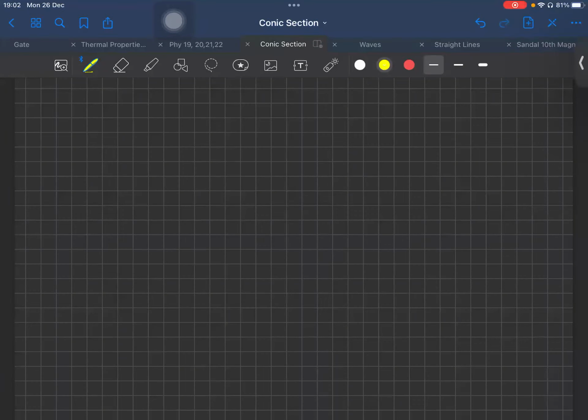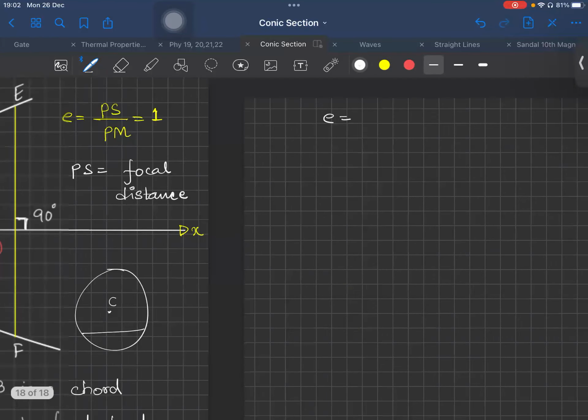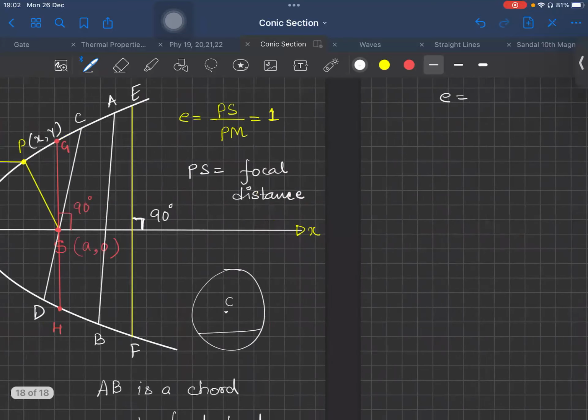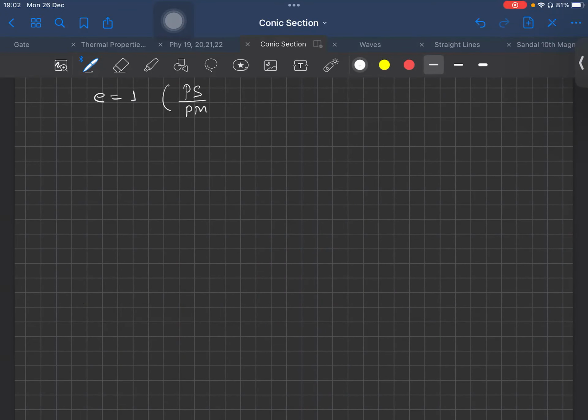Write down for a parabola, the eccentricity e that we have discussed as PS upon PM.